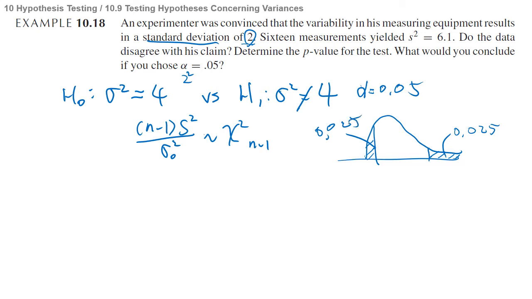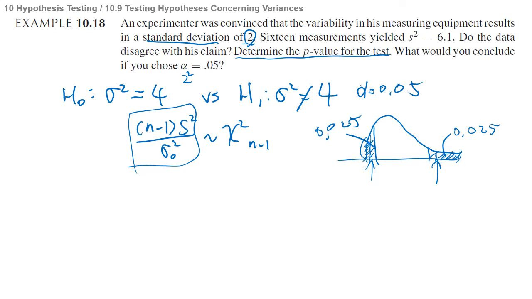Okay, so now let's do the test. The problem is to determine the p-value for the test. If we calculate our test statistic, and it is here, then you can calculate the area here. If the test statistic is here, you calculate this area, and multiply by 2.